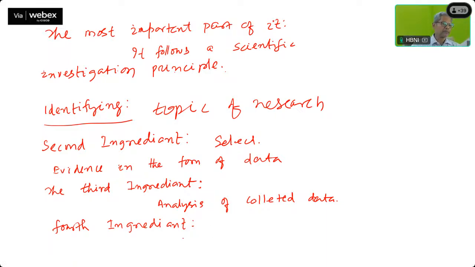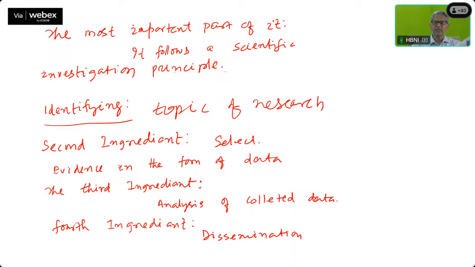So you selected a problem as evidence, you collected data and you analyzed the data. Now is the time you analyze the data, extract the information in a meaningful way to get meaningful results.